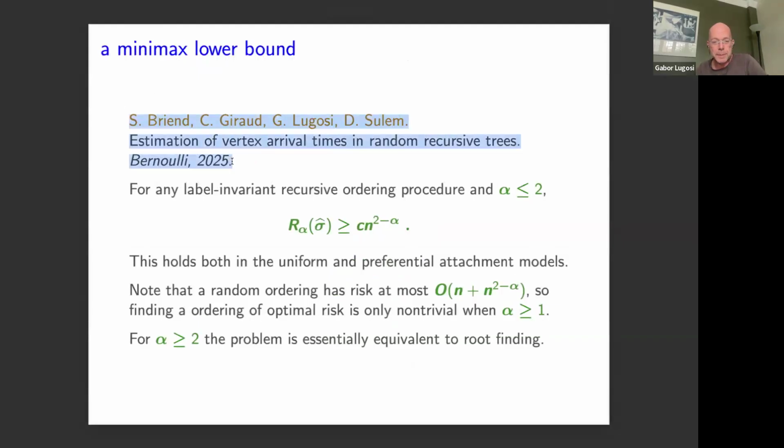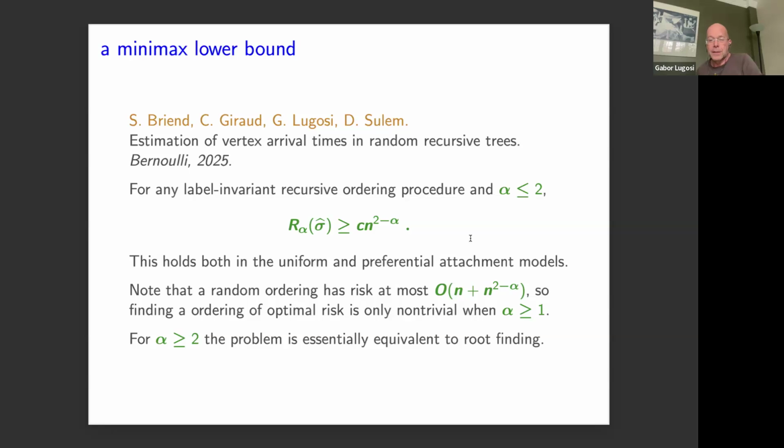Okay, so this is written in this paper with Simon Briand, Christophe Giraud, and Deborah Sulan, where we show, first of all, a lower bound that no method can perform better than n to the 2 minus alpha.